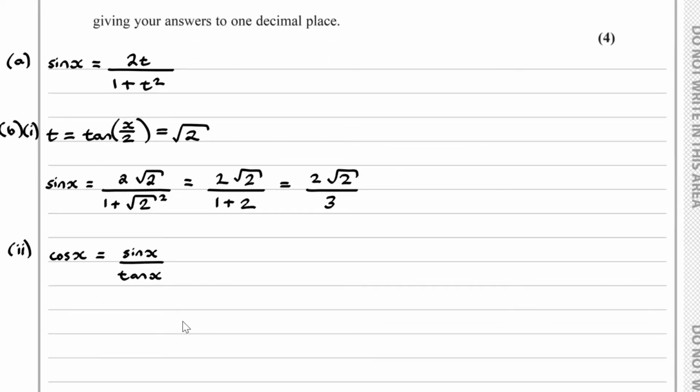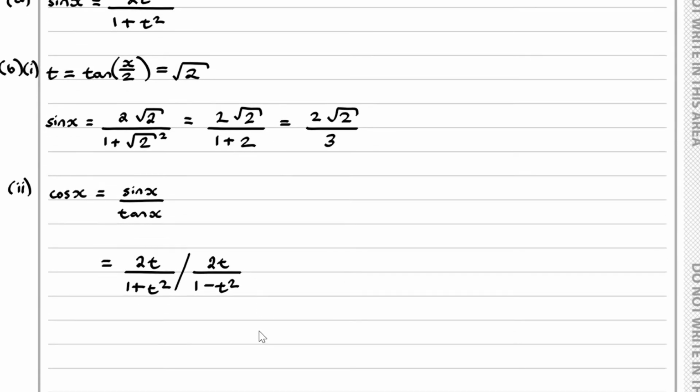Now, sin x we already know: that's 2t over 1 plus t squared, and we divide this by tan x. Now tan x is the same as 2t over 1 minus t squared. You'll notice the 2 t's cancel on the top and the bottom. We therefore see cos x is equal to 1 minus t squared over 1 plus t squared.